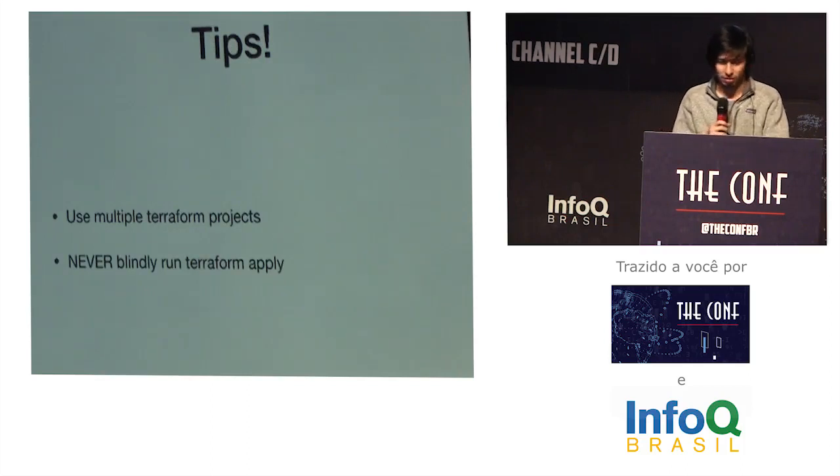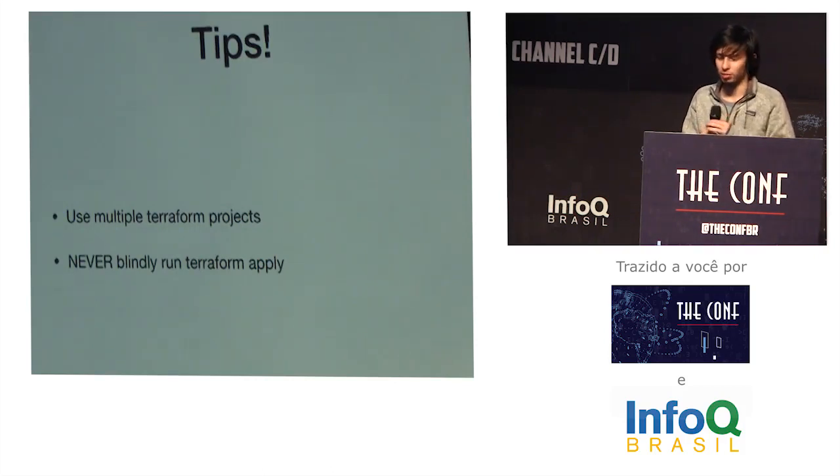And some tips here. I'm running low on time. The first one is to use multiple Terraform projects. At first, we had just one big Terraform project, and whenever we wanted to try something out, it took several minutes because it goes to the AWS API for every resource and tries to see if anything changed. Most of the time, you won't be changing everything.